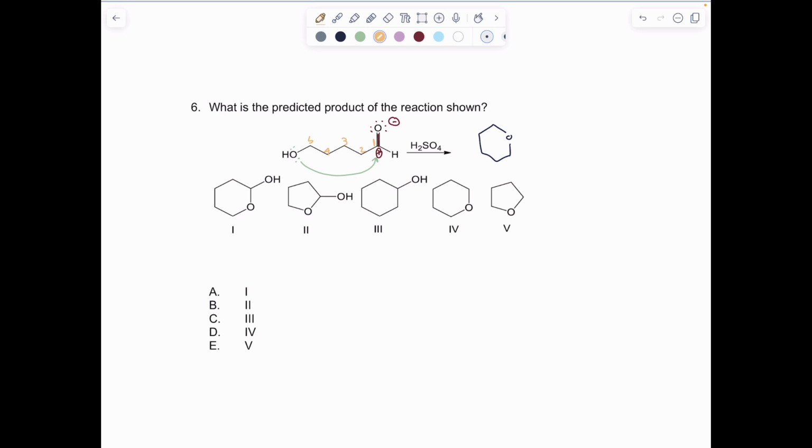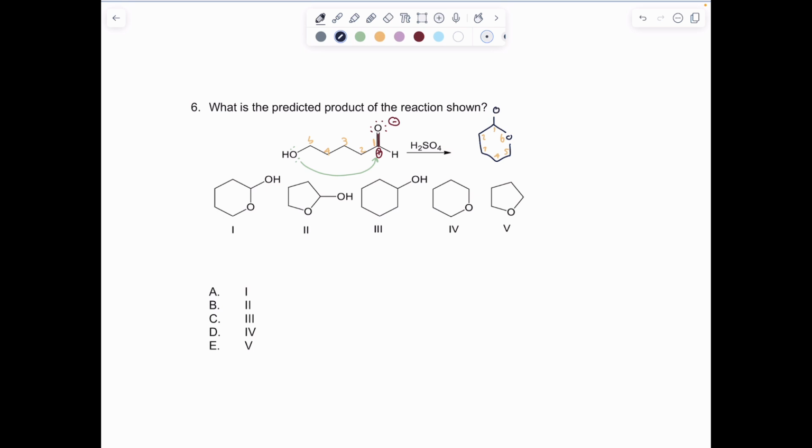Okay, so if this is position 1, 2, 3, 4, 5, and 6, we know that there's going to be this oxygen coming off of carbon 1. So let's draw that in.